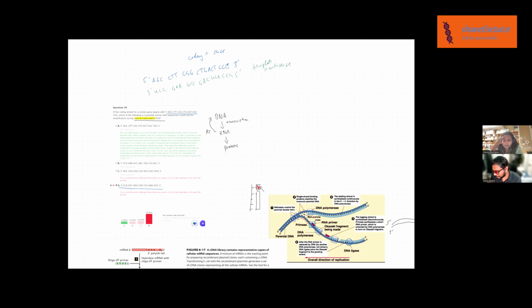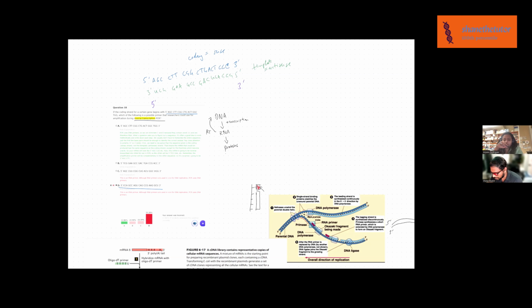So let's say I'll draw in purple the newly synthesized strand, because they're asking which of the following is a primer that researchers could use for amplification. So we want something that will return to the 5 to 3' direction. We can find that by finding what's complementary to the template strand.